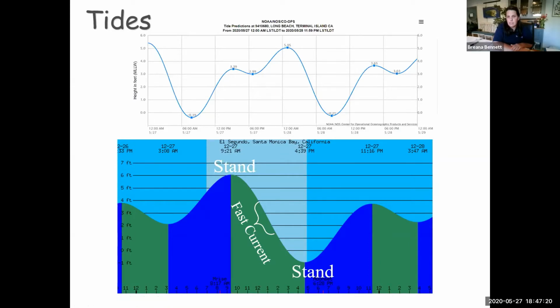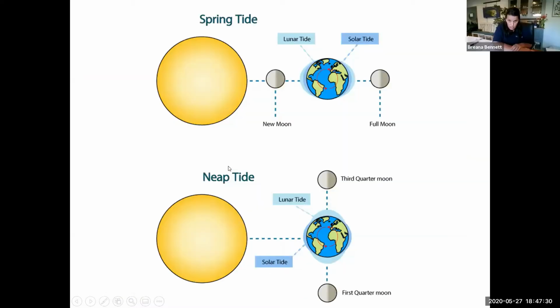Does that make sense? How much of that fluctuation is governed by the moon? We'll show you a moon picture right here. So this moon picture is showing us the spring and the neap tide.